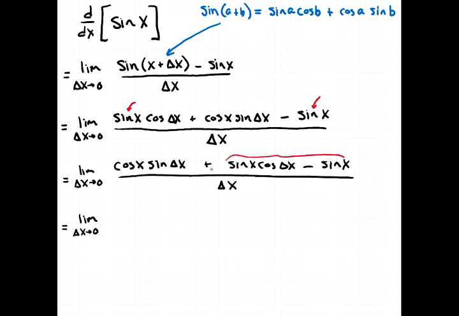Okay, so we have the limit as delta x approaches 0. And you know what, we could actually split this up into two fractions. Let's put the cosine of x times the sine of delta x over delta x plus, well, let's actually factor out a negative sign.